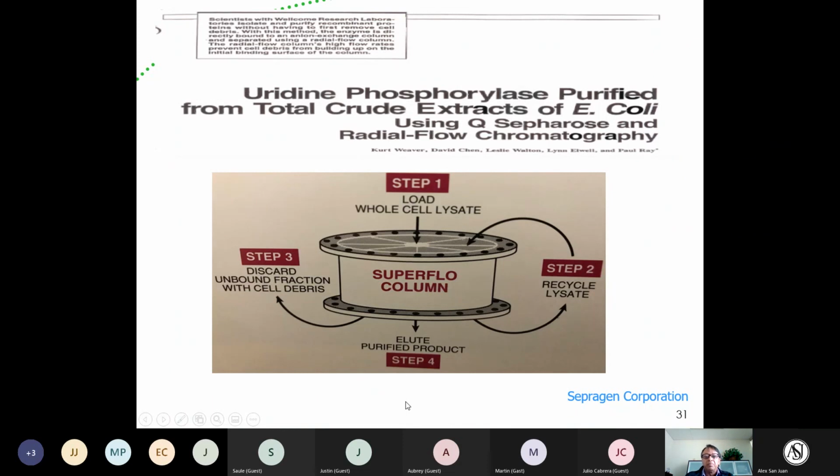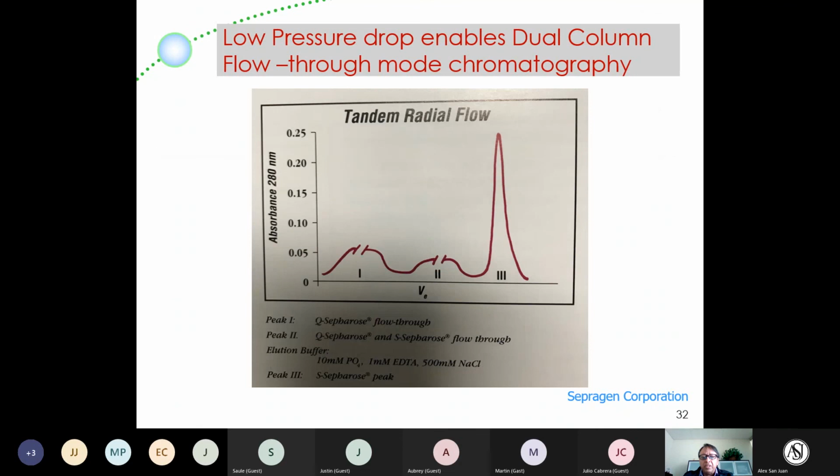So they did the whole operation without any separation process, without any filtration, in one step of using the radial flow column. Because the flow rates are much lower in the radial flow columns, you can have 2 columns in series, right? And so we have dual tandem columns. This has also been published, where you run through one column, like a flow through step, then you run through the second column on the same skid.